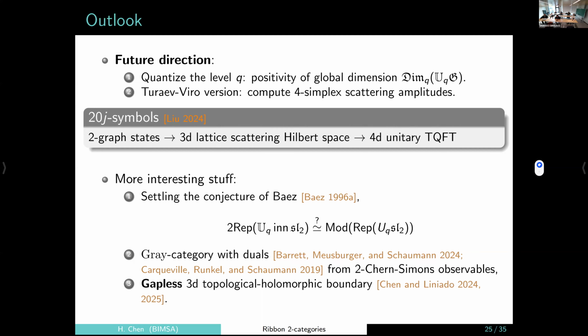I think this should be true: if you want to say that pi 0 of Q rep H is finite, then this should quantize the level.